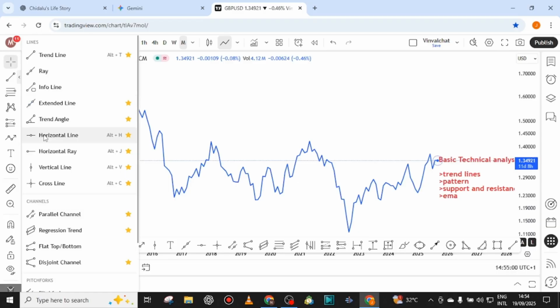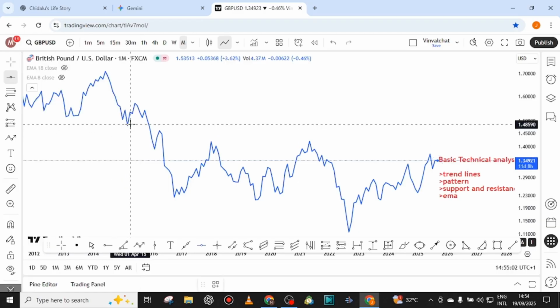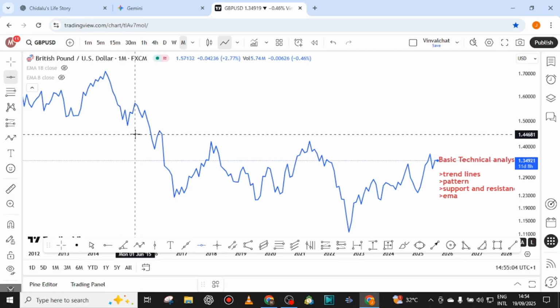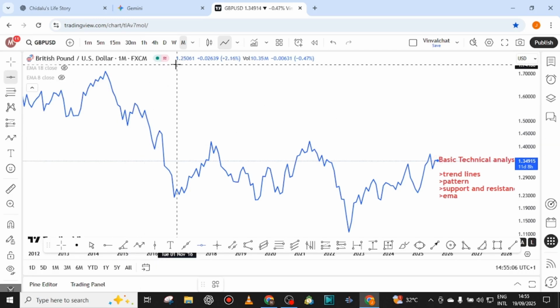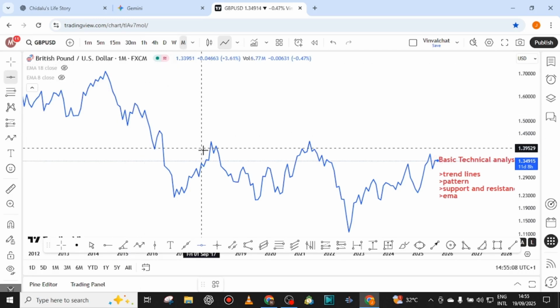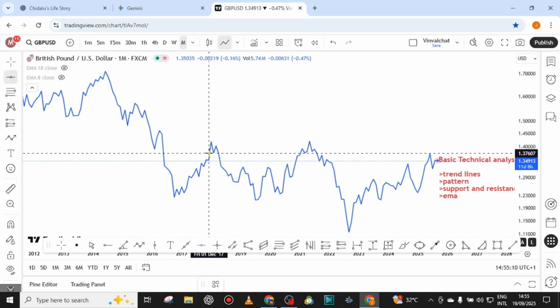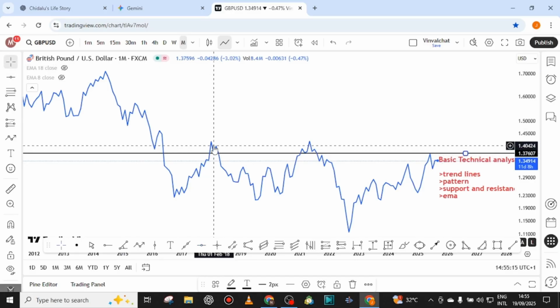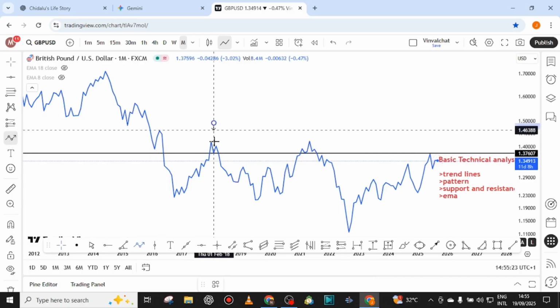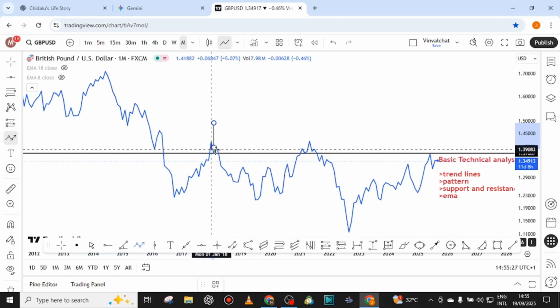Now you're going to look for points on the monthly time frame that coincide with each other. This is what I mean. You look for points where there is a touch up above here, and there's a touch up above here.